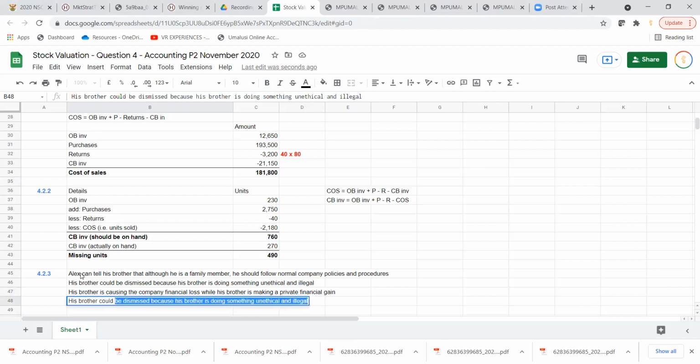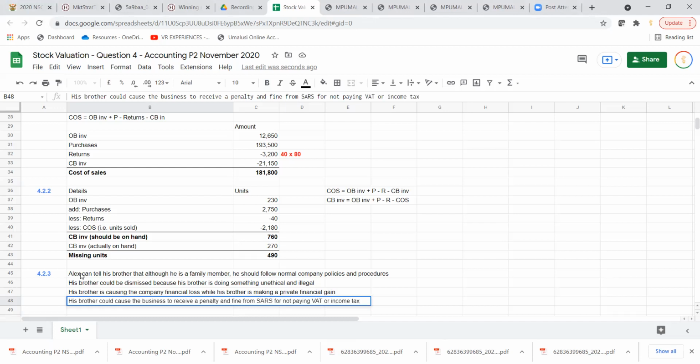His brother could cause the company or the business to receive a penalty and fine from SARS for not paying VAT or income tax.